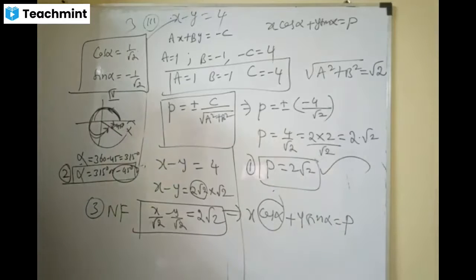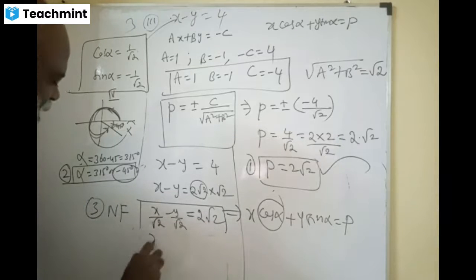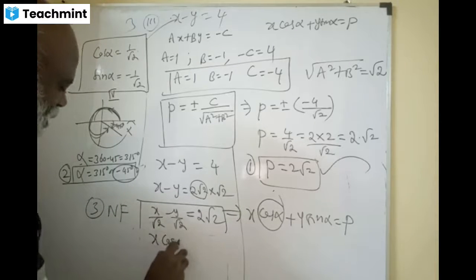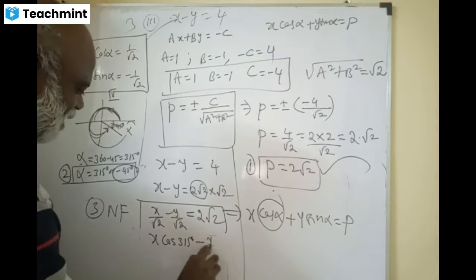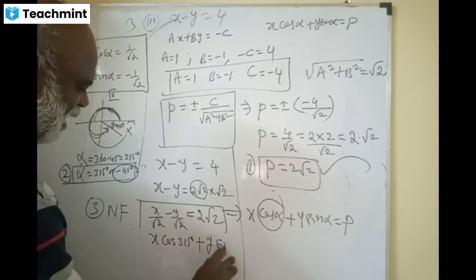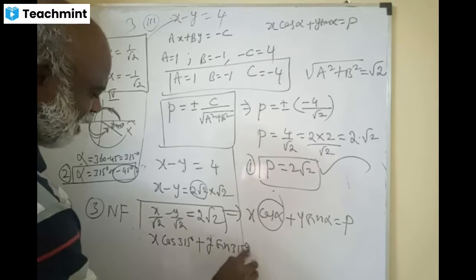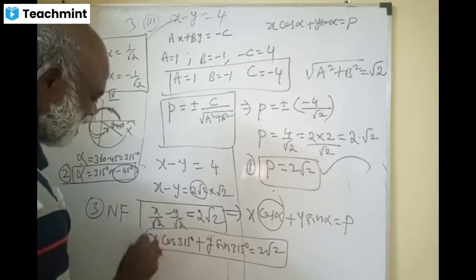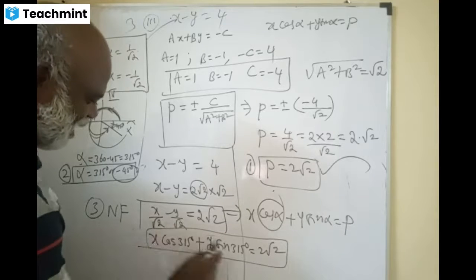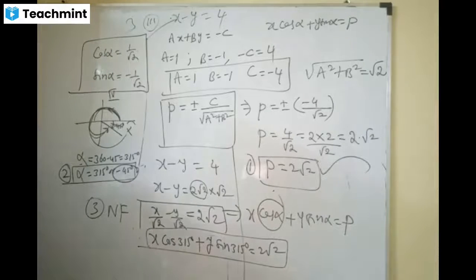Is it normal form? x cos 315 plus y sin 315 is equal to 2 root 2. What is cos 315? 1 by root 2. What is sin 315? Minus 1 by root 2. Okay, so don't feel bad.